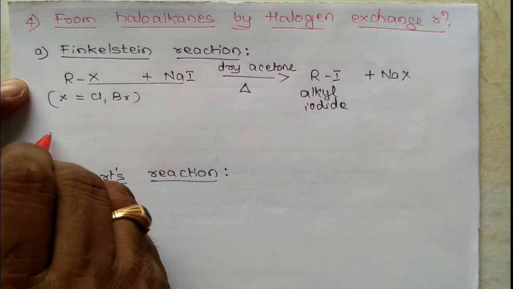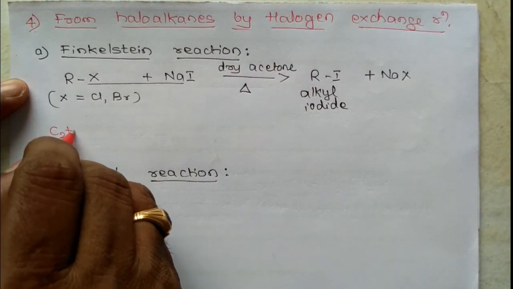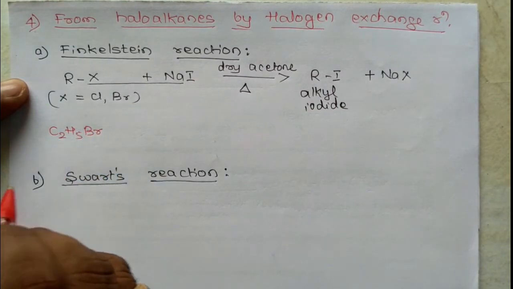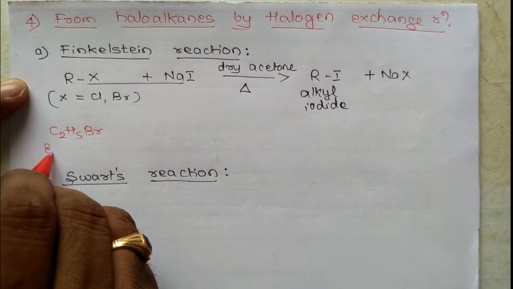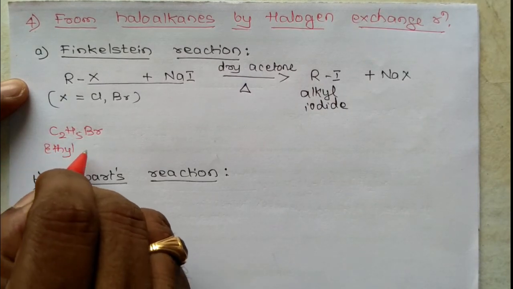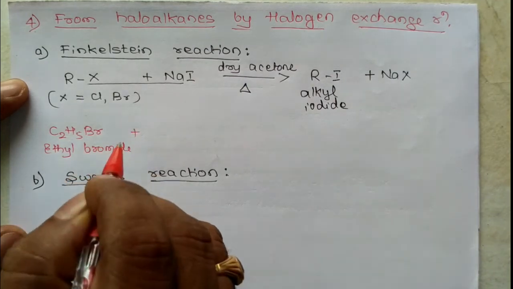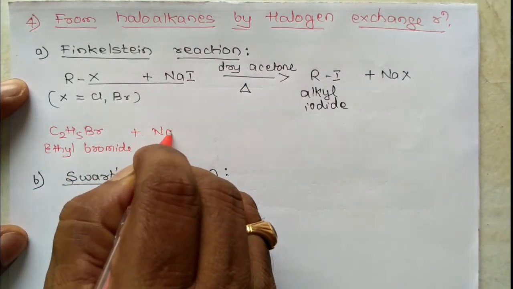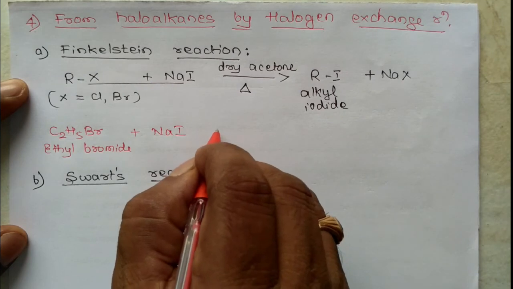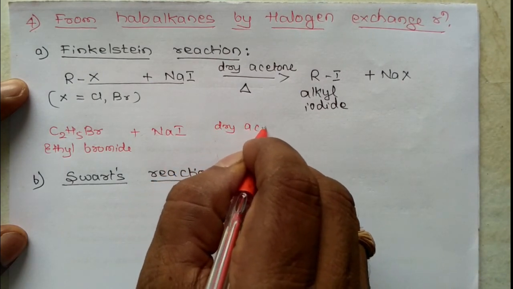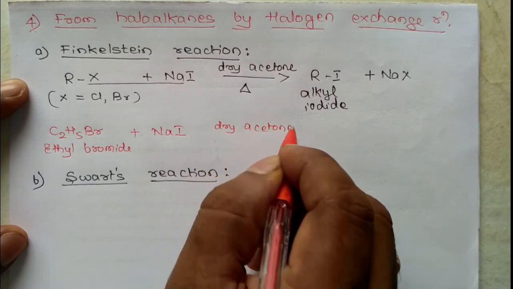Example: C2H5Br, ethyl bromide, is made to react with a solution of sodium iodide in presence of dry acetone.